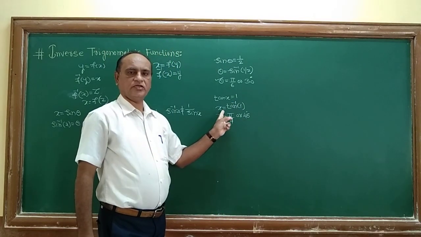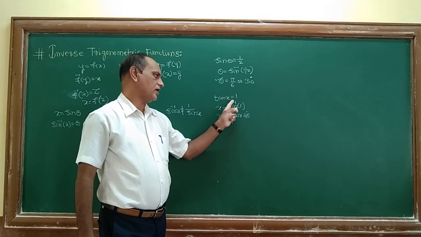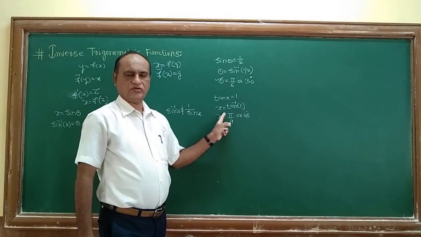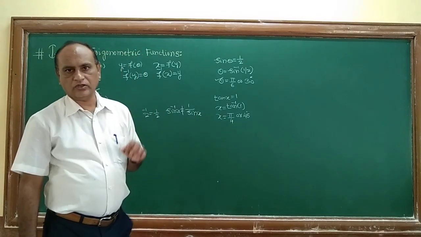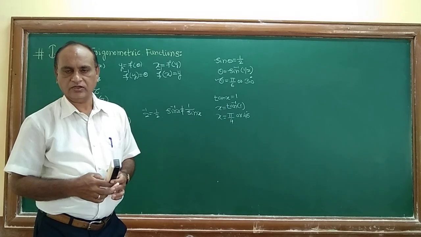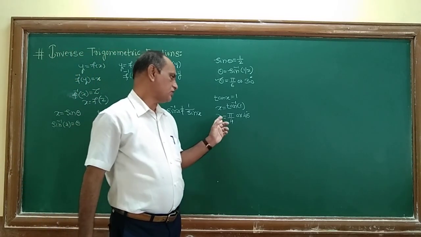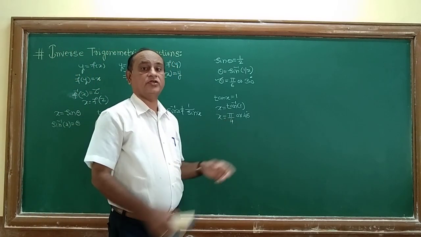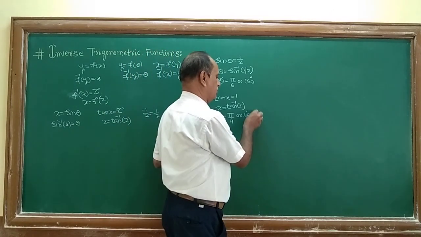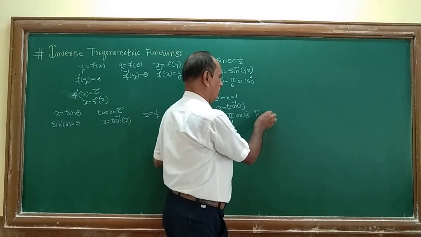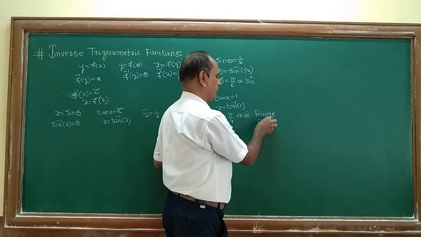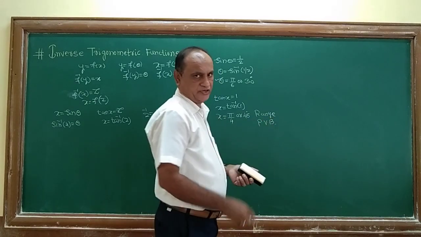Writing its inverse, x is equal to tan inverse of 1. The angle is 45 degrees, that is pi by 4. x is equal to pi by 4 is nothing but the principal value branch. Simply write PVB, and it means the principal value branch.